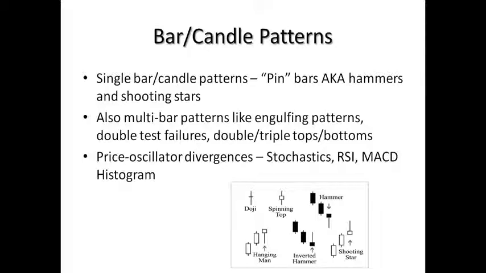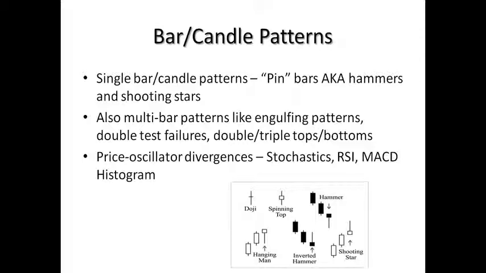Price oscillator divergences. What are they? I tend to use stochastics. Some people may use RSI, Relative Strength Index, MACD, MACD histogram, or what have you. But I tend to use stochastics. And how do I use stochastics to look for divergences in the market? When I talk about divergences, most people think of what's called regular divergence, not what's called hidden divergence.